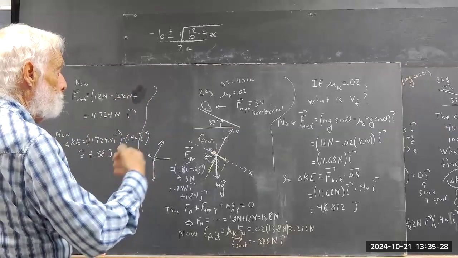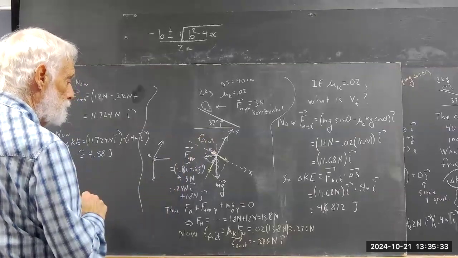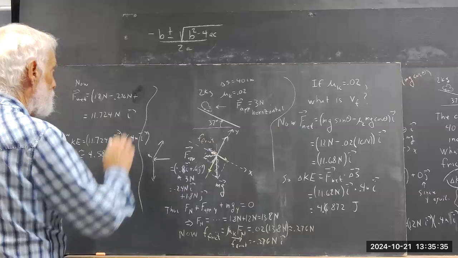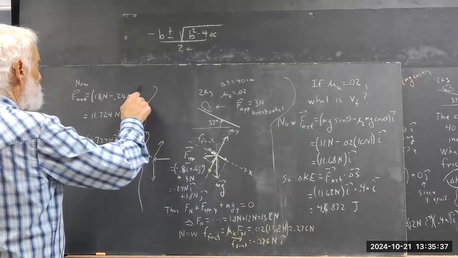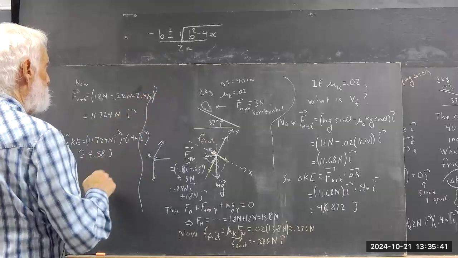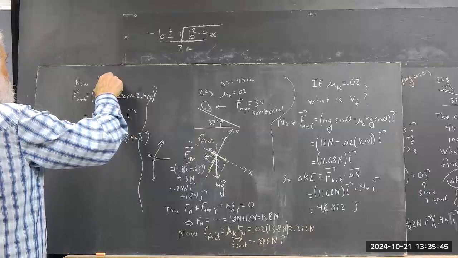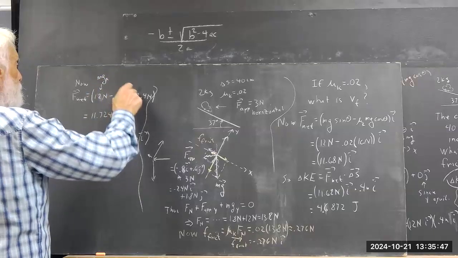And it's going to be plus this component of the applied force, which is 2.4 newtons. And it's minus 2.4 newtons. So this is mgx.